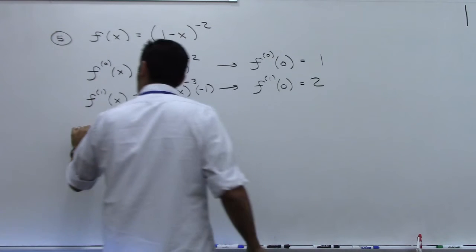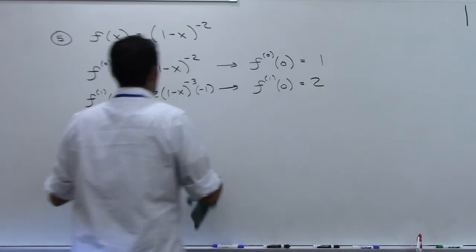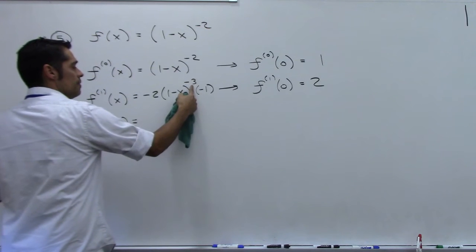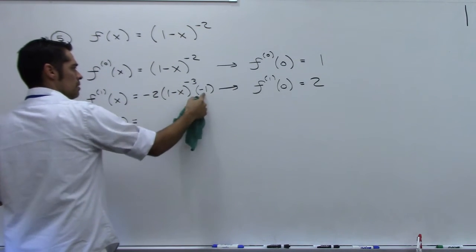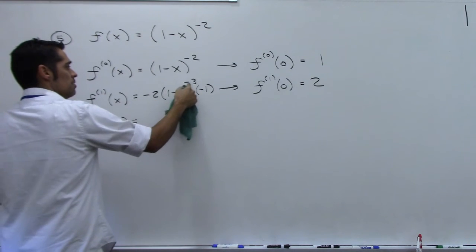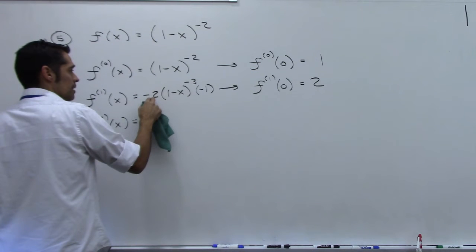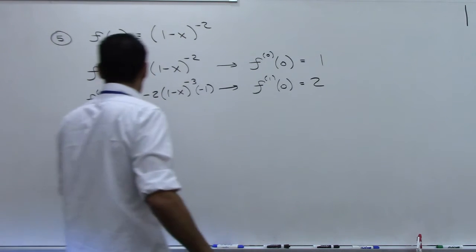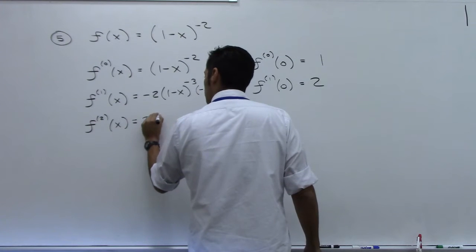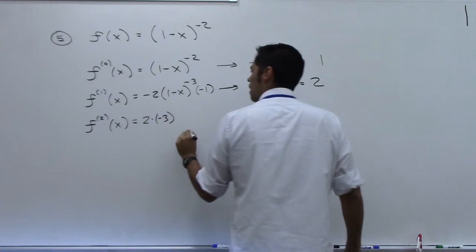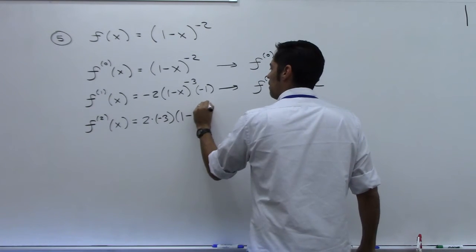Now I take the second derivative at x, and watch what happens. This negative 3 comes out and hits the 2 that was already there. So when these two hit each other, it's going to be negative 6, but watch the way I write it. I'm going to say 2 times negative 3, and then I have (1 minus x) to the negative 4.